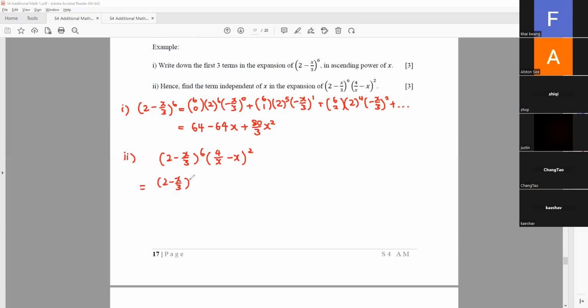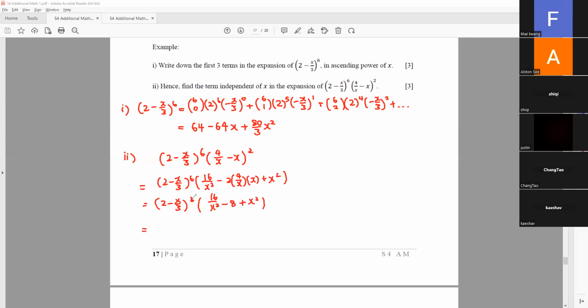So what we do, we expand this one because it's easier to expand. It becomes a squared minus 2ab plus b squared. This becomes minus 8 plus x squared.